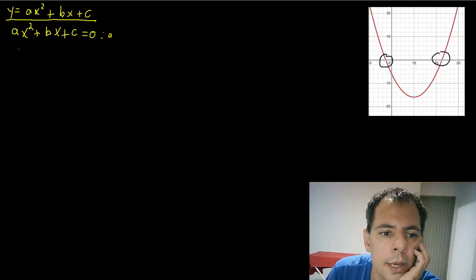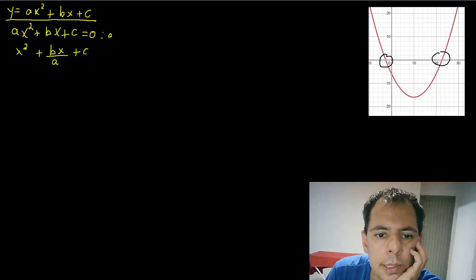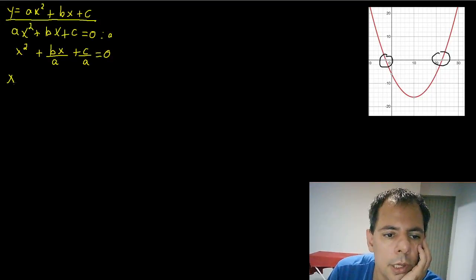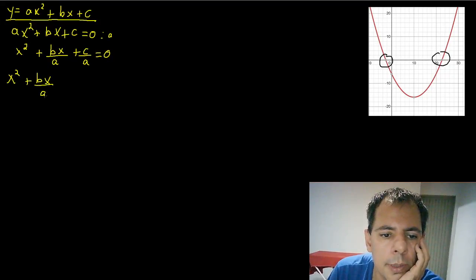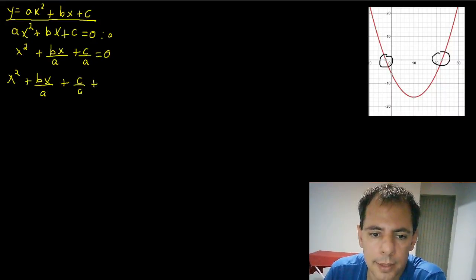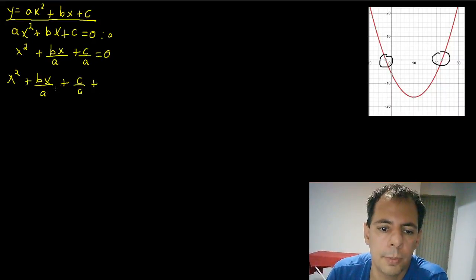ax squared divided by a is x squared, plus bx divided by a plus c divided by a equals 0, right? And now you're going to copy this whole thing again, x squared plus bx divided by a plus c divided by a. And now you have to add something here. How do you transform this into a perfect square?